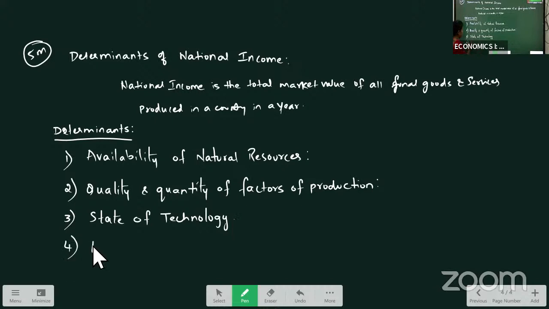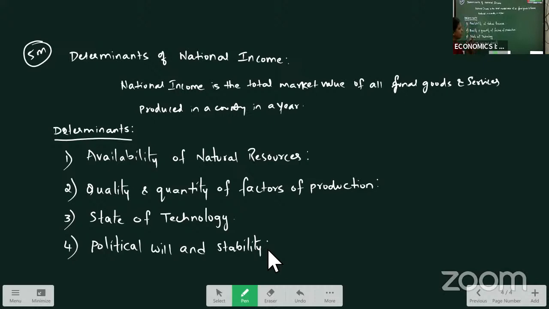And another determinant is political will and stability. Whenever there is a political willingness or political stability in the country, it helps for planned economic development.